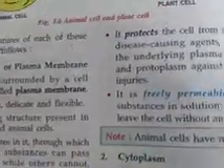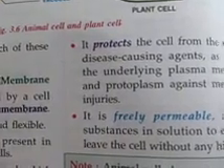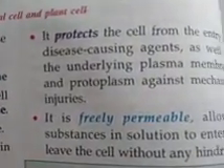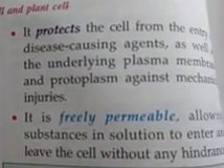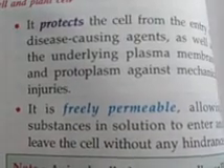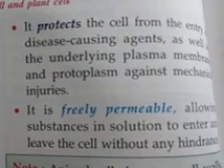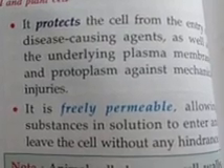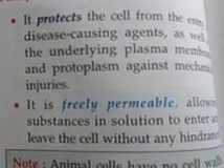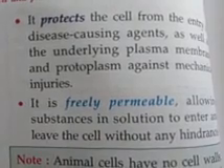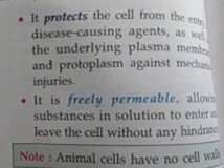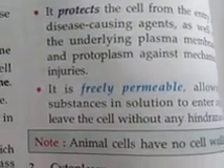What is its function? It is freely permeable in comparison to the cell membrane. It allows all molecules to pass through it and also protects the cell from the entry of any disease-causing elements.